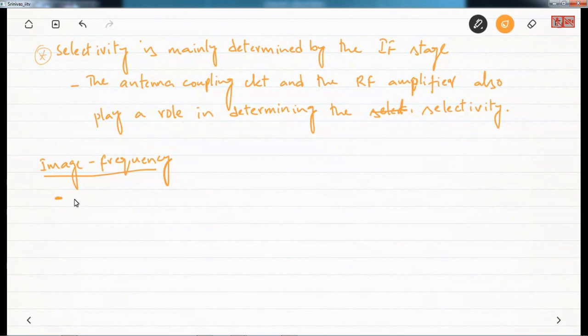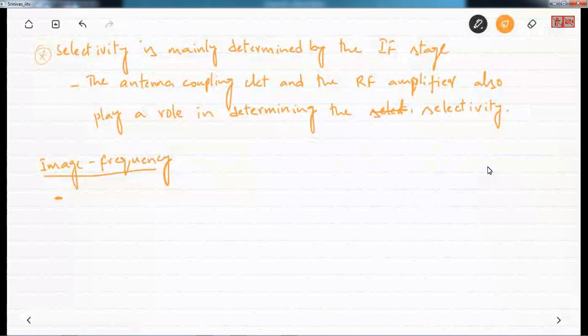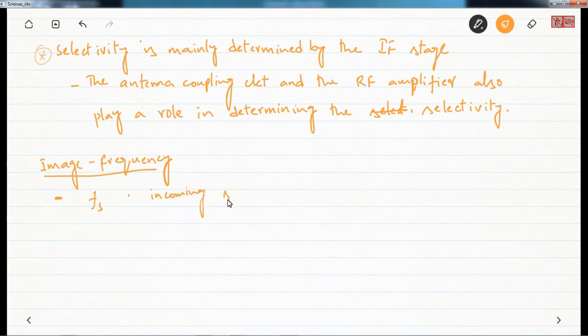So in general, what happens is we know that there is this incoming signal frequency and there is a local oscillator. So the incoming signal and the local oscillator frequency are mixed in the mixer, and the mixer output frequency will have the sum component and the difference component. Say the incoming frequency is Fs. So this is the incoming signal frequency.